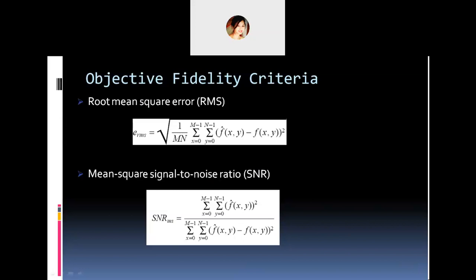What is mean square? No one has done the homework. Okay, square root of mean value. Yes. Then what is mean square signal to noise ratio? Did you go through this term?